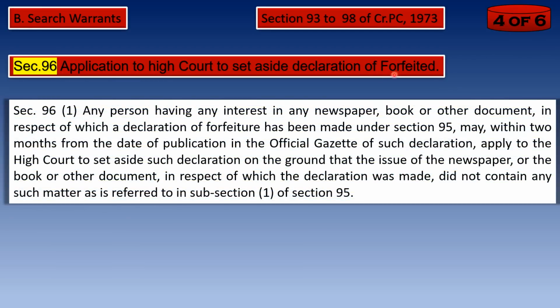Subsection 1 of section 96 says any person having any interest in any newspaper, book or other document in respect of which a declaration of forfeiture has been made under section 95, which we have already covered, may within 2 months from the date of publication in the official gazette of such declaration apply to the High Court to set aside such declaration on the ground that the issue of the newspaper or the book or other document in respect of which the declaration was made did not contain any such matter as is referred to under subsection 1 of section 95.